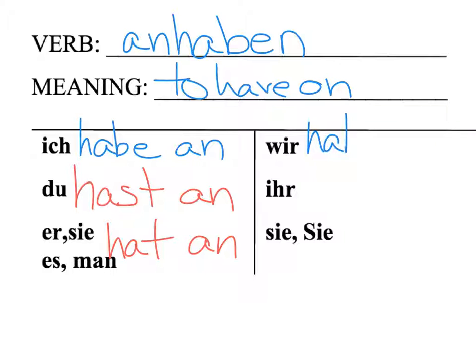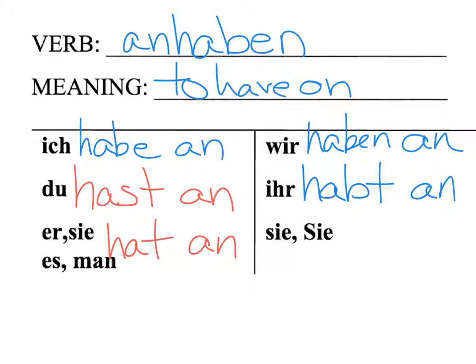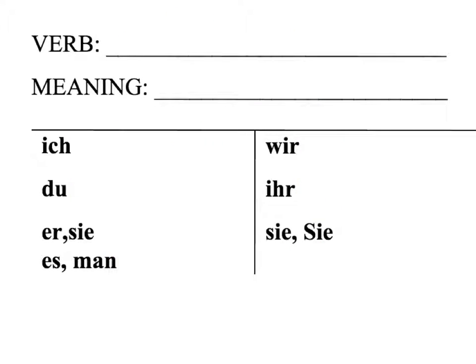Haben an. Ihr? Habt an. Sounds like you hopped on a bus. And sie? Haben an. There you go. Next verb.